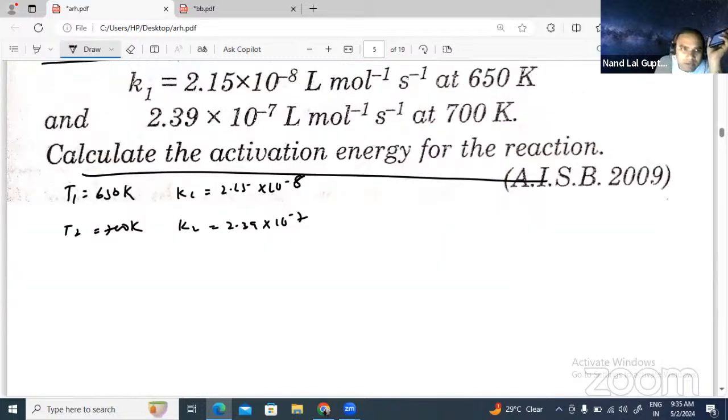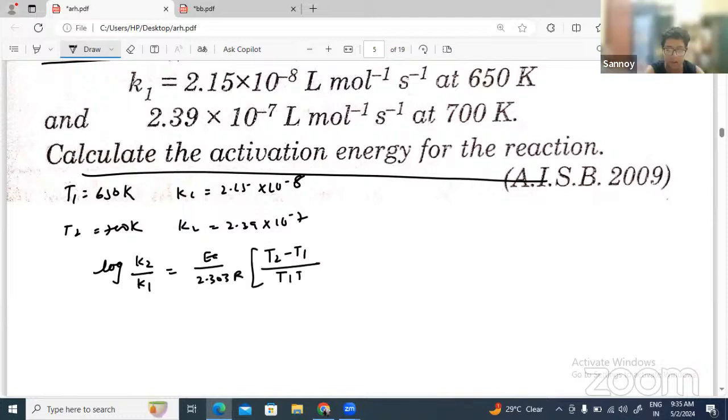So what formula can we use? Log K2 by K1 equals EA upon 2.303 R times T2 minus T1 upon T1 T2. This is the equation.